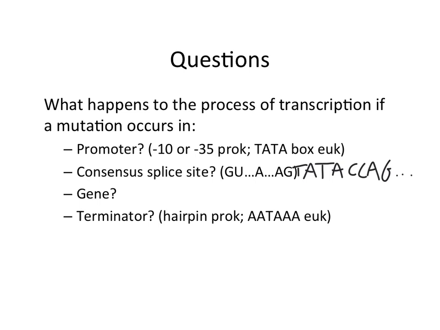Let's say mutation caused that A to become a C. So now it's GU something A and then CG. How would splicing work now? We've got the G and the U, the 5' splice site. That might get spliced to the next AG, maybe. Causes a change in splicing. And we'll see next chapter, change in splicing causes change in the protein sequence, potentially. So you get a different protein produced.